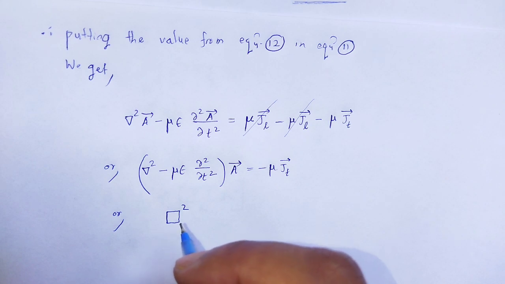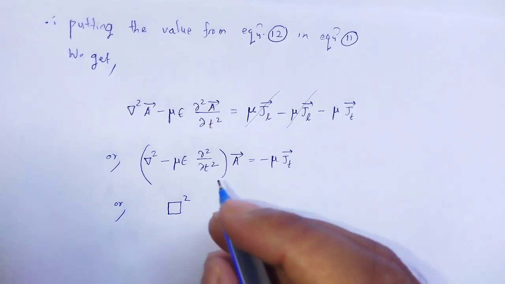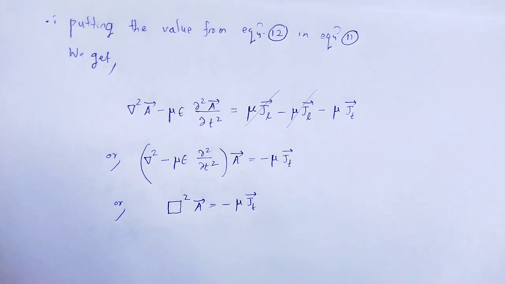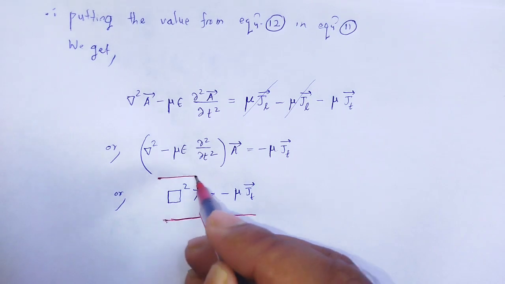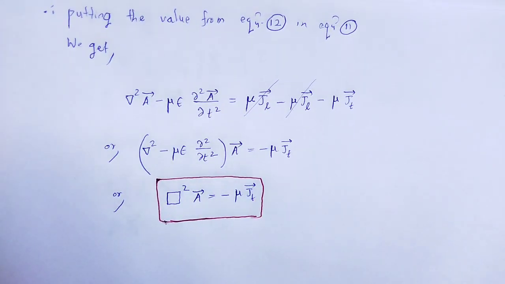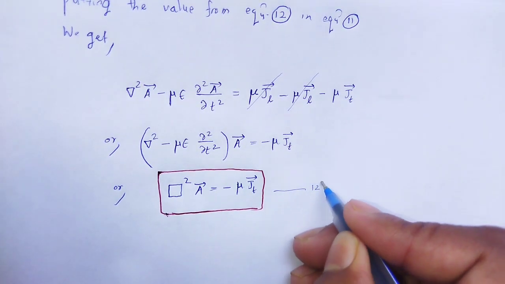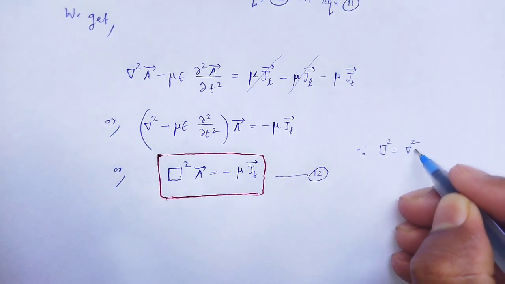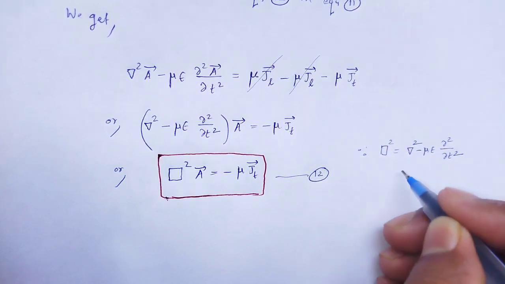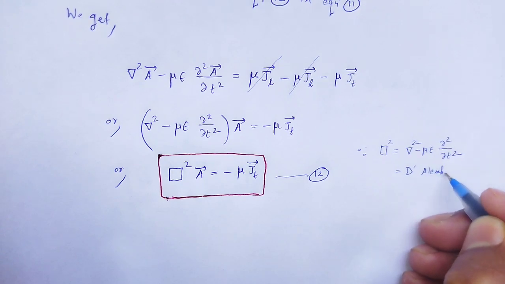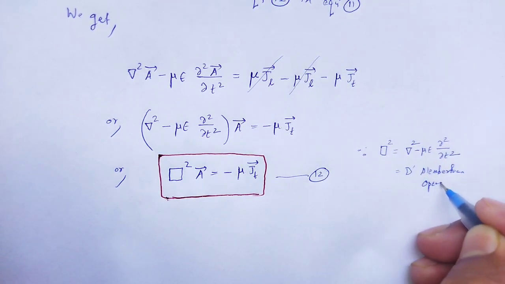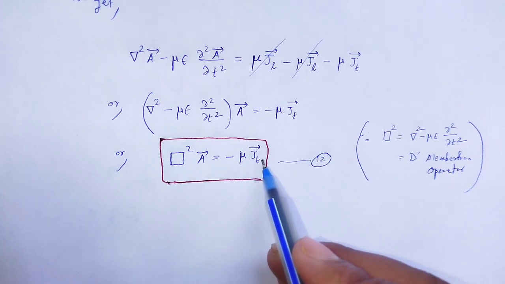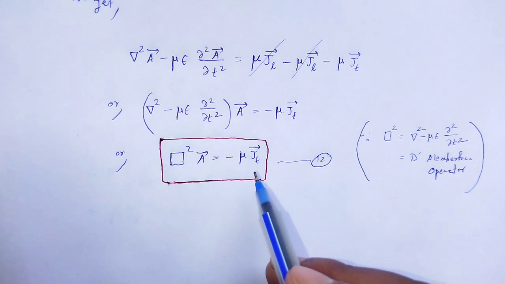Basically that type of operator is used in the case of space time phenomena. In this expression there is no longitudinal current density term, only the transverse component exists.